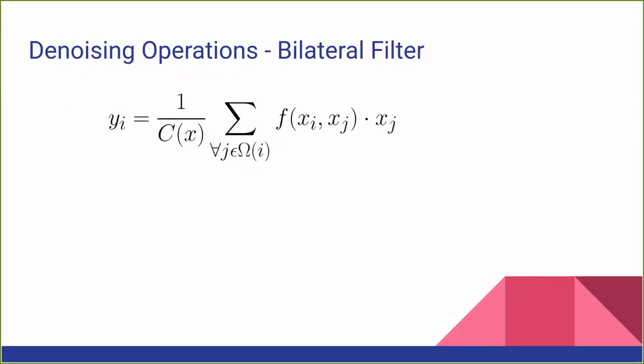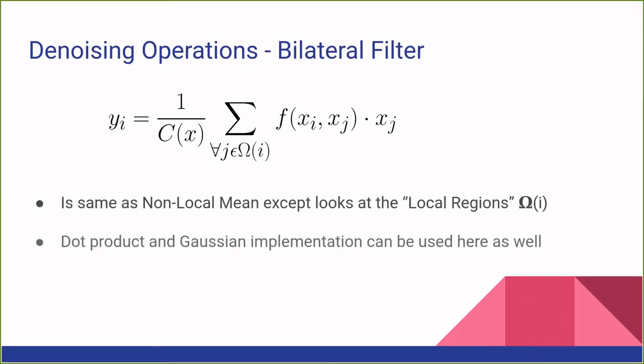The second implementation is the bilateral filter. The bilateral filter is the same as the non-local mean, except for the fact that it looks at the local region omega. The dot product and the Gaussian implementation can be used here as well.